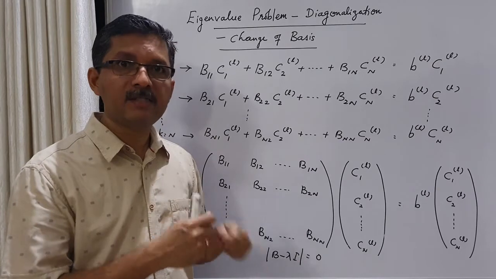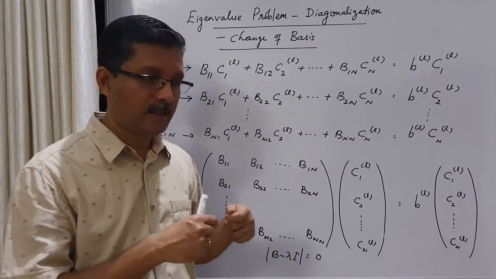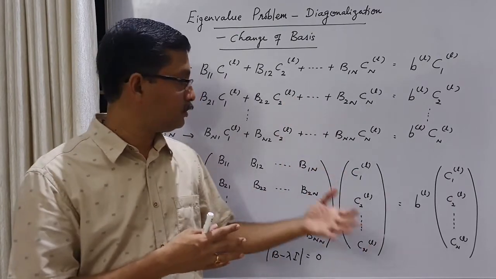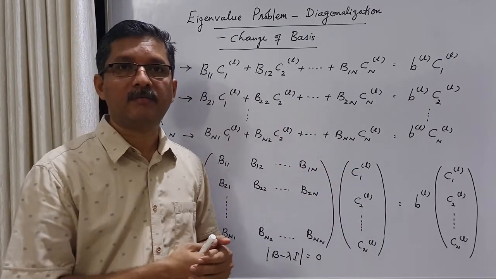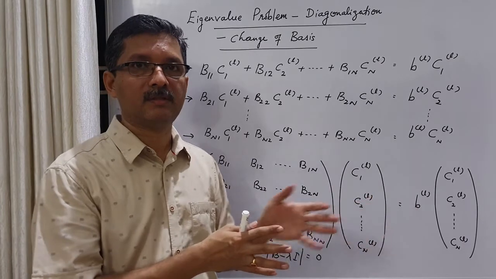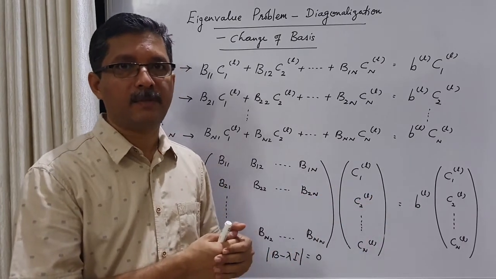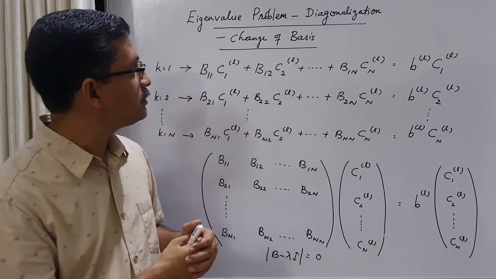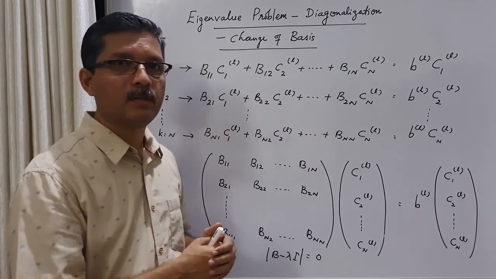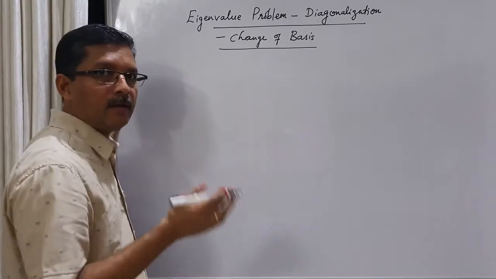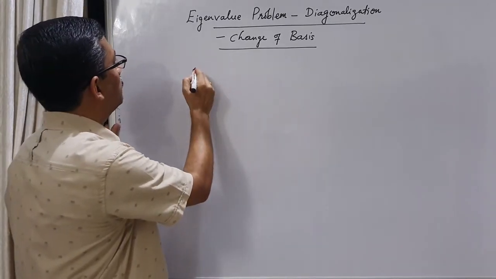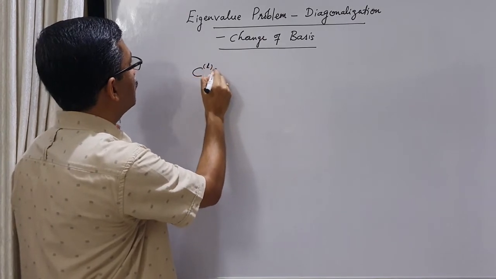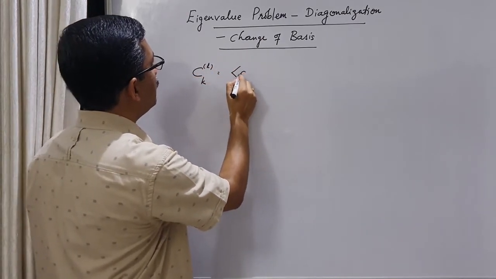Now how do we make the change of basis from the basis ket AK to the basis ket BL, so that we get a diagonal matrix for the operator B? For that, let us look at our previous equations and see the connection. Earlier we have written down this notation CKL. This was AKBL.